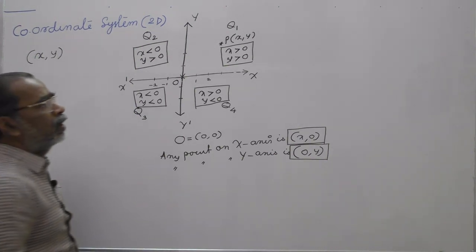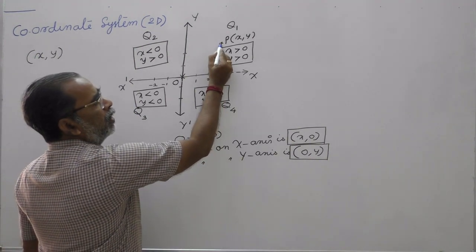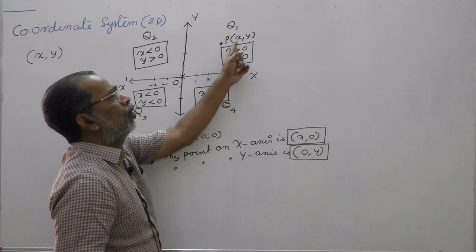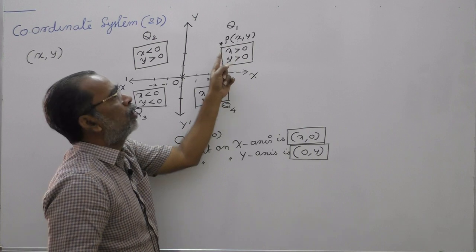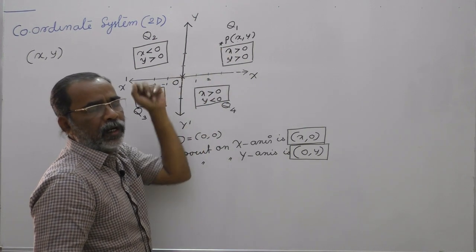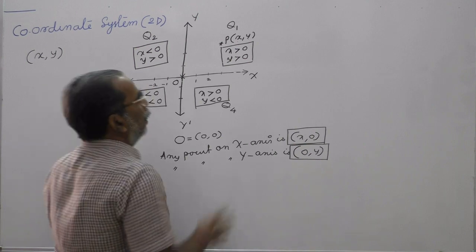And one more important thing, if a point is given, these are the coordinates. The two coordinates state the position of the point P with respect to the coordinate axes.